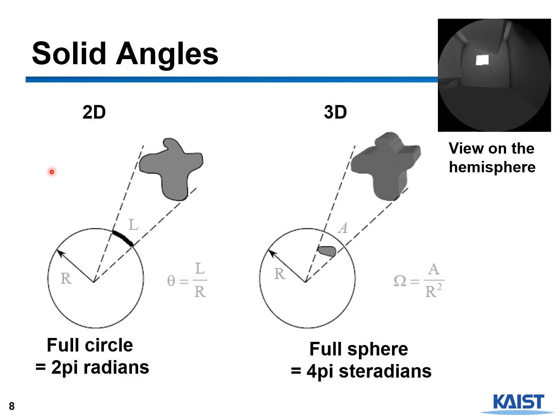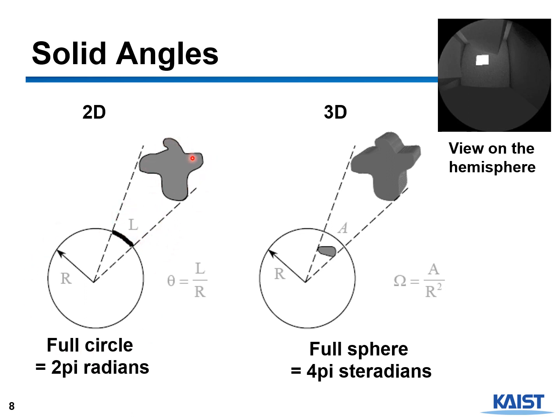So we need to use this geometric configuration, which is known as the solid angle. Suppose we define a circle that has a radius of r, and this 2D object projects onto an arc that has an arc length L on the circle.